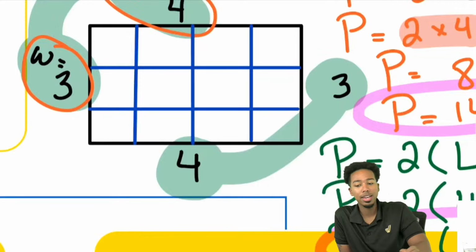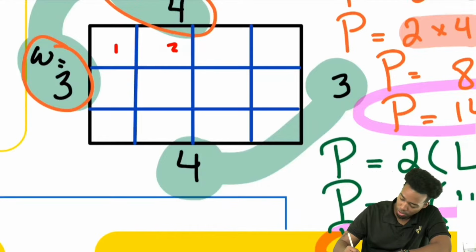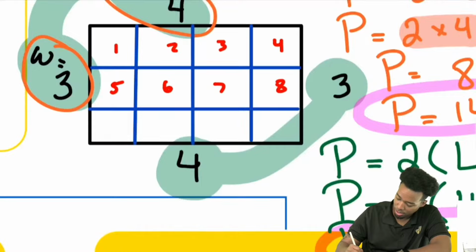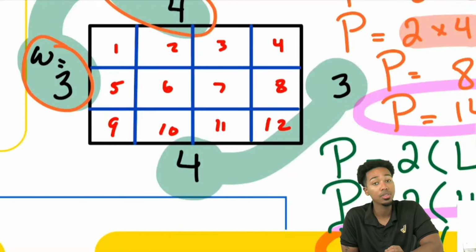So if we were to count how many pieces there are inside, everybody, just watch this. 1, 2, 3, 4, 5, 6, 7, 8, 9, 10, 11, 12. And everybody, the formula says multiply the length and the width together. Quick question. What's 4 times 3? 12.